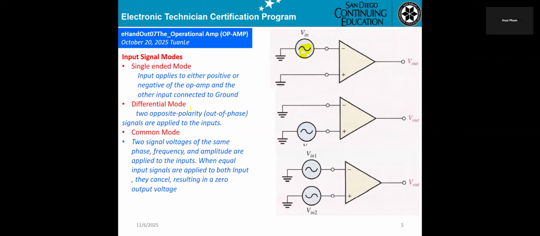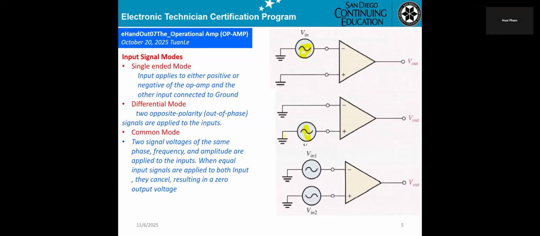Input is applied to either positive or negative of the op-amp and the other input is connected to the ground. So the second one, they apply the signal to the positive. Okay? And the negative will be ground.